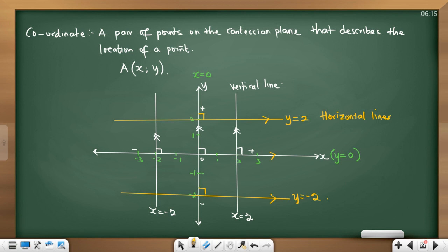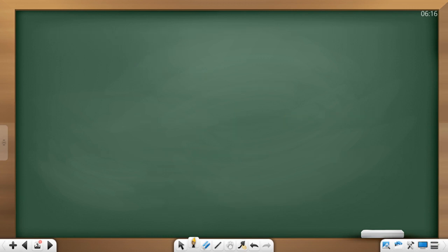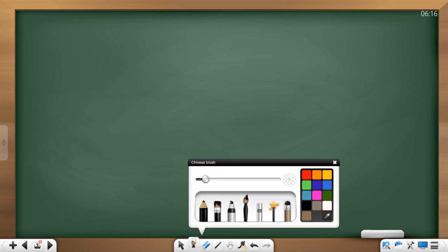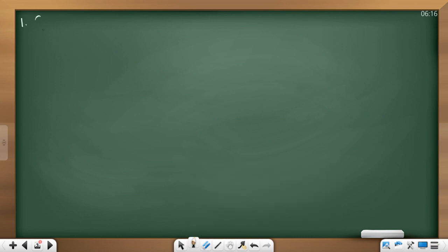That information is something we should be robust about from grade 10. Now we're going to jump into our analytical geometry without wasting time. Let me give you an idea: 6 concepts. We start with concept number 1 that we must know, and that is called gradient.